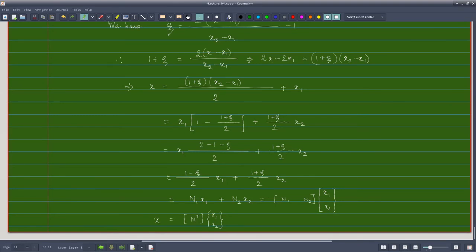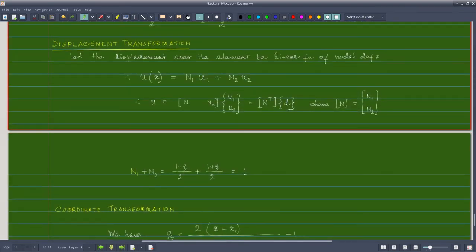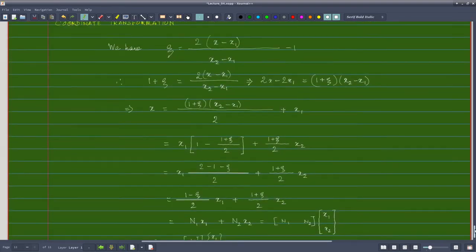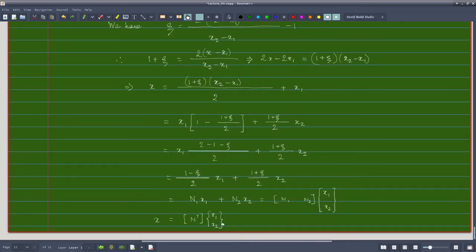I have expressed my coordinate of a point in terms of the nodal coordinates. Now you see my coordinate transformation equation and displacement transformation equation are the same. My transformation matrix is the same for both displacement and coordinate. So displacement transformation is this and coordinate transformation is this.